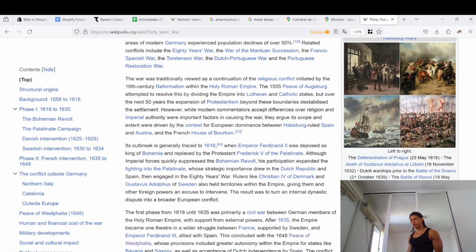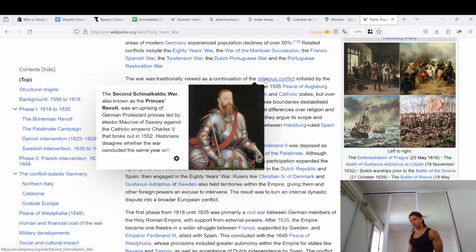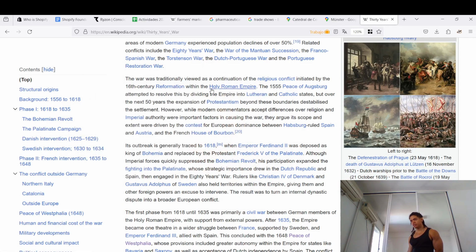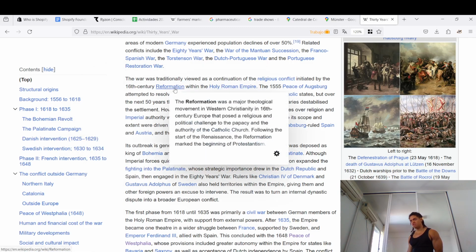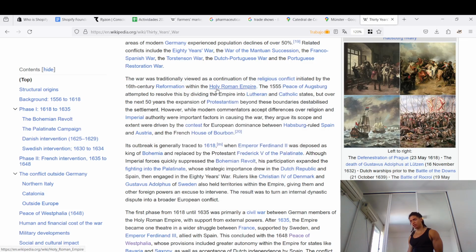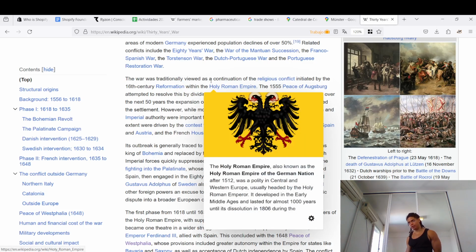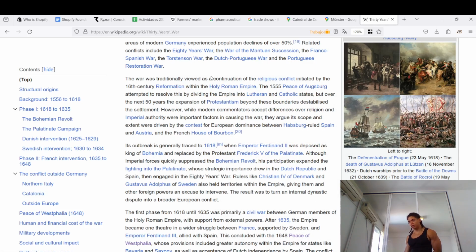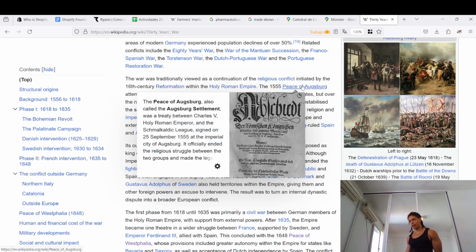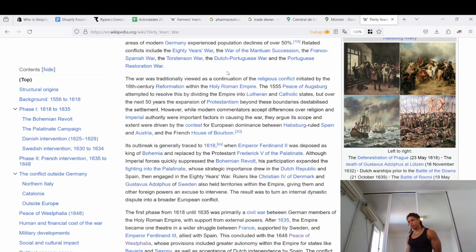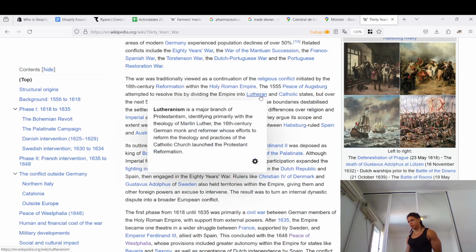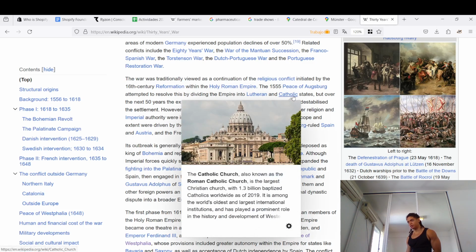The war, traditionally viewed as a continuation of the religious conflict initiated by the Reformation within the Holy Roman Empire, and the Peace of Augsburg attempted to resolve this by dividing the empire into Lutheran and Catholic states.